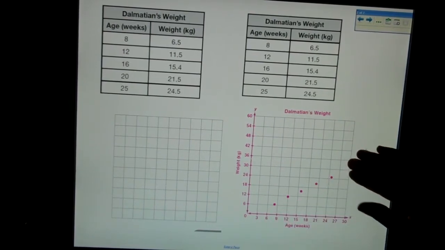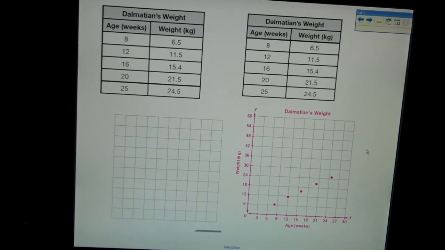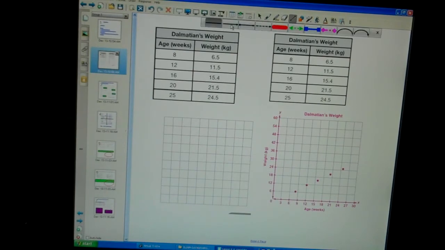So would you say this has a positive correlation or a negative correlation? It has a positive correlation because it's going up and to the right. I could quickly sketch a line of best fit here, and maybe it looks something like that. If it's going up and to the right, that's a positive correlation.